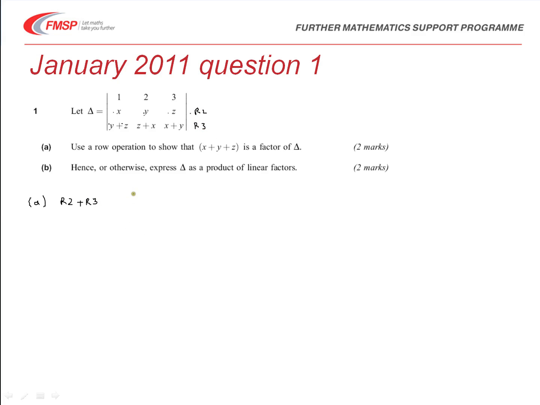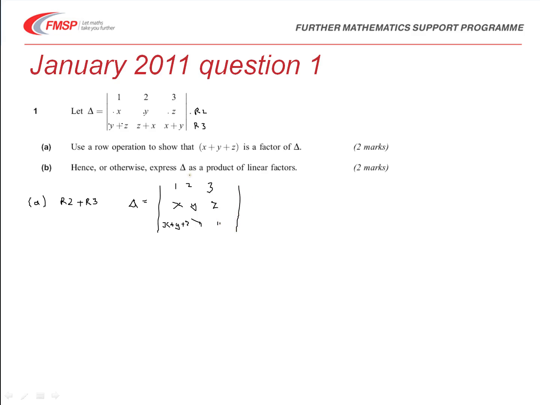Then we can see that this determinant will become 1, 2, 3, x, y, z, and then each of these entries here will become x plus y plus z, and similarly in this entry here, and similarly in this entry here.